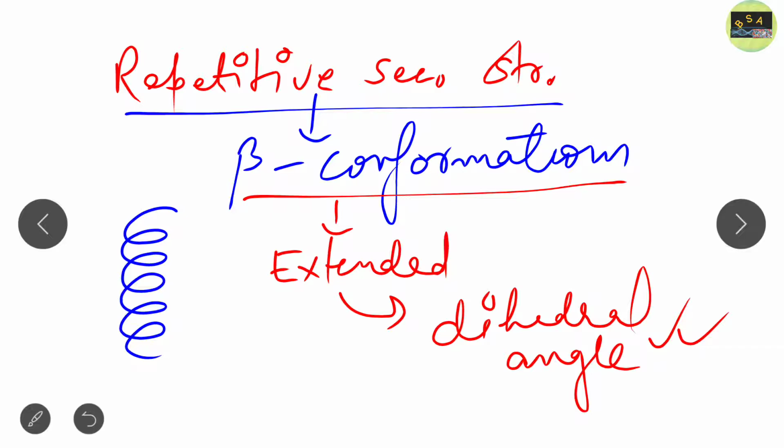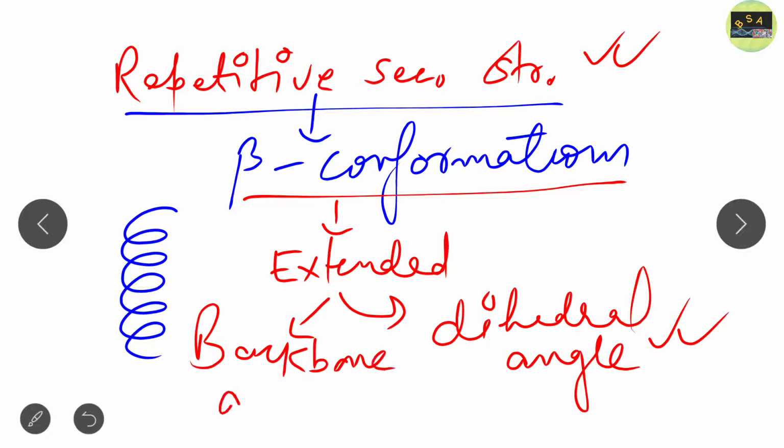Understood? So beta conformation is another type of repetitive secondary structure. It was discovered again by Pauling and Corey in 1951, and in beta conformation the structure is more extended in nature as compared to the alpha helix. It is again defined by backbone atoms, just note it down, like that of the alpha helix.